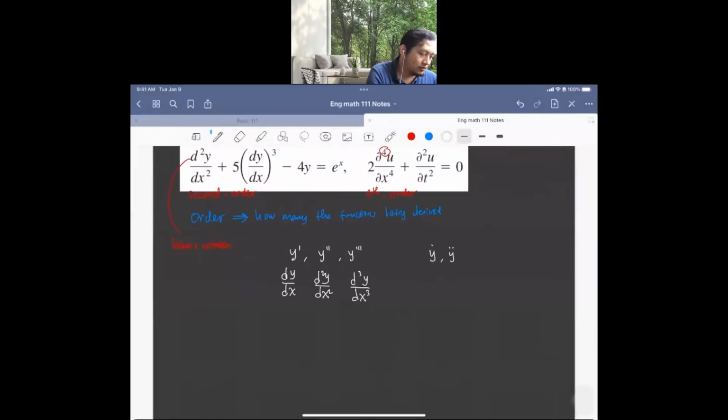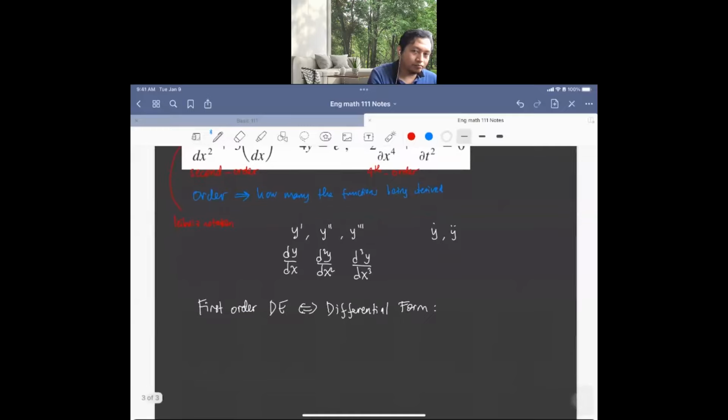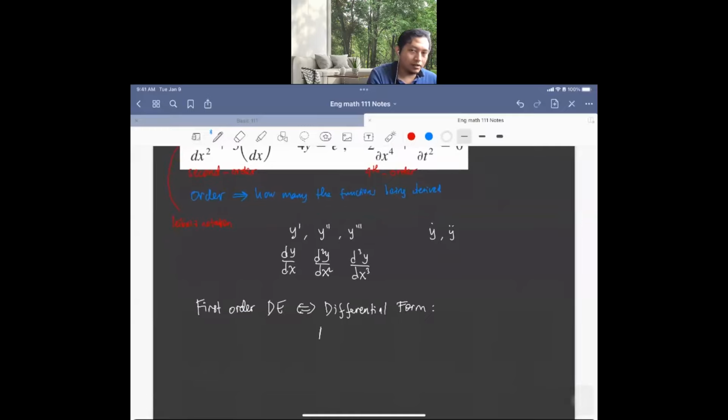Okay, the first order differential equations, usually we can write in a more official form, or we say this is the differential form. M(x,y) dx plus N(x,y) dy equals 0.